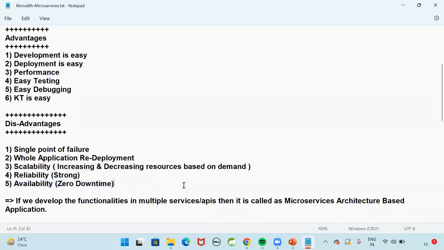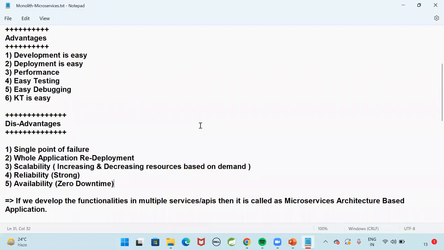Availability, that also we need to check. Single point of failure, whole application redeployment, scalability, reliability, and availability. These all are the problems we are going to face when we develop our application with a monolith architecture.